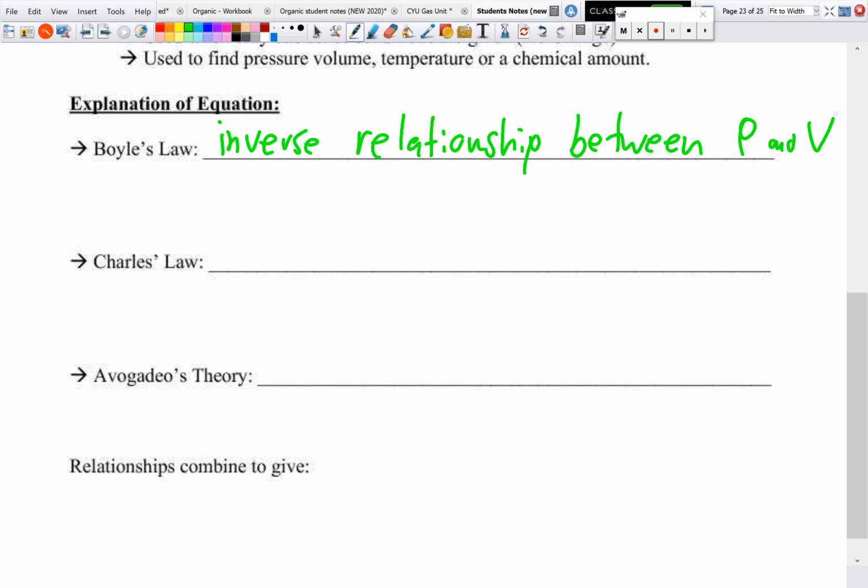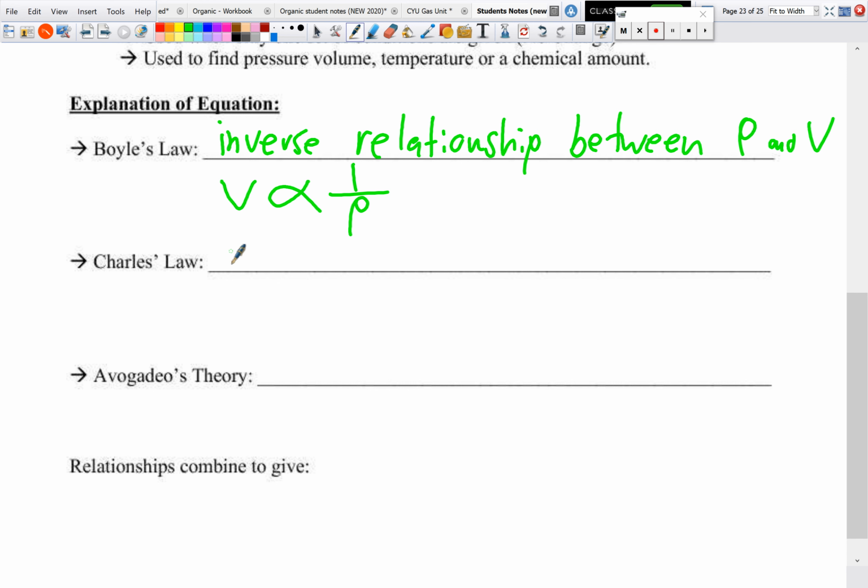So what this inverse relationship meant was volume was proportional to 1 over P. So that meant that as volume increased, pressure went down, or as volume decreased, pressure went up. So that's the inverse relationship.